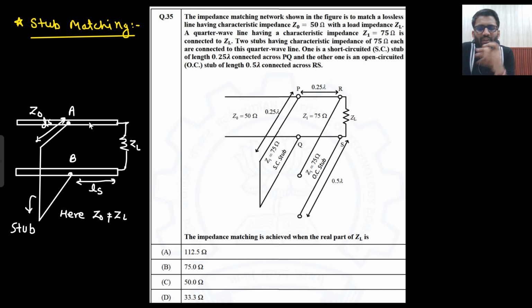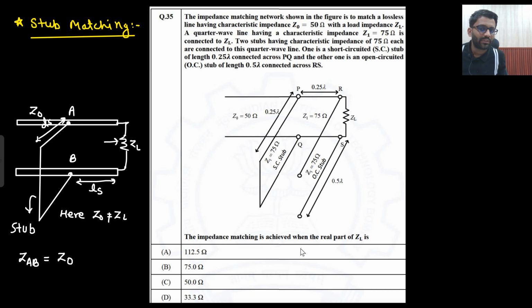What is the process? No one will ask you this process in the examination. I am just telling you the reference of this question. This question was asked in the GATE examination. You are doing impedance matching, so Z naught is not equal to ZL. My target is that whatever ZAB I get should be equal to Z naught. So whatever power is coming here will be completely transferred to AB at least.